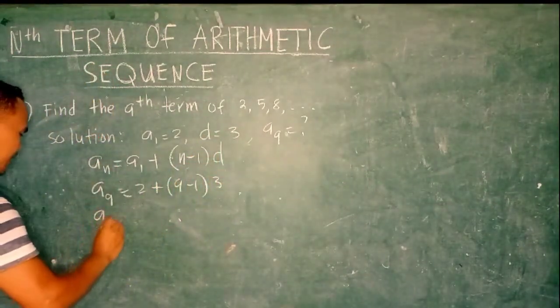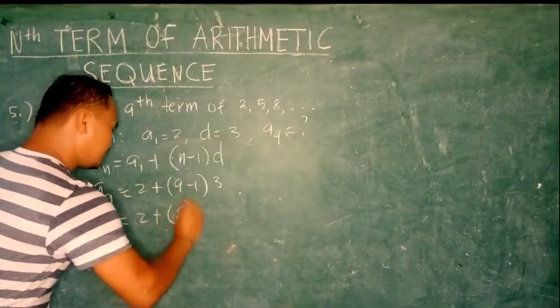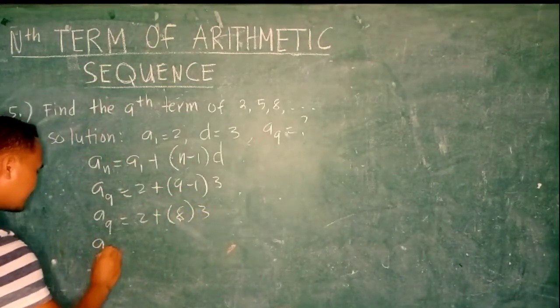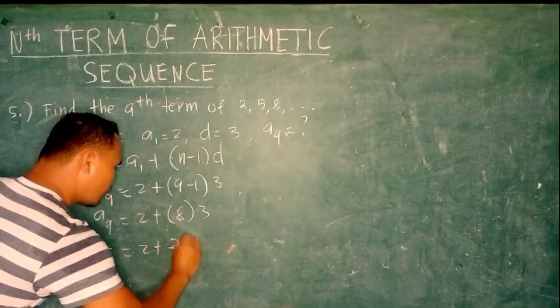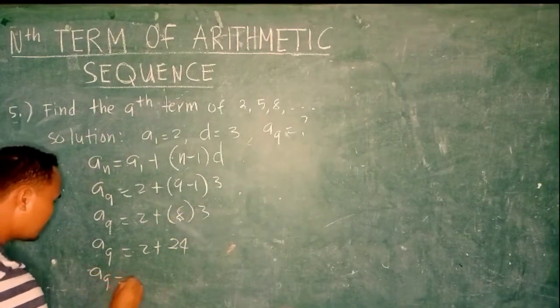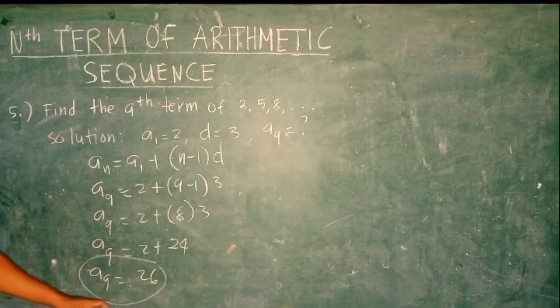So A sub 9 equals 2 plus 8 times 3. Multiply 8 times 3, 24. So A sub 9 equals 26. So this is our ninth term, A sub 9.